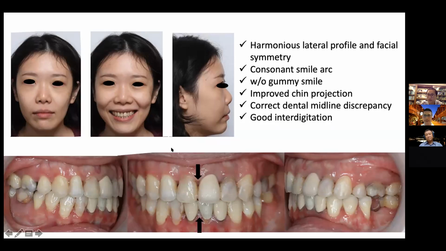In camouflage orthodontic treatment, if we notice OSA in the initial examination, then maybe we will not consider upper and lower lip retraction treatment, because it will narrow down the oral space and might also decrease the airway.